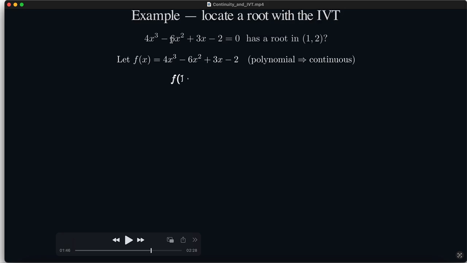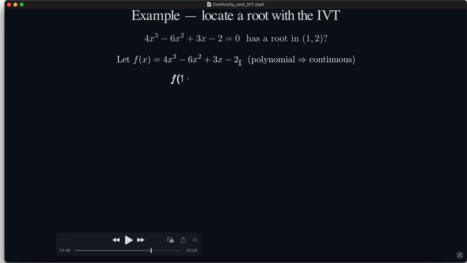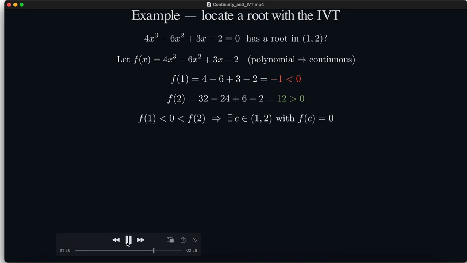It's a polynomial, and so let's plug in some values here. Let's plug in 1 and 2 and see what happens. If I plug in 1, notice I get -1, which is a negative value. If I plug in 2, I get a positive value.